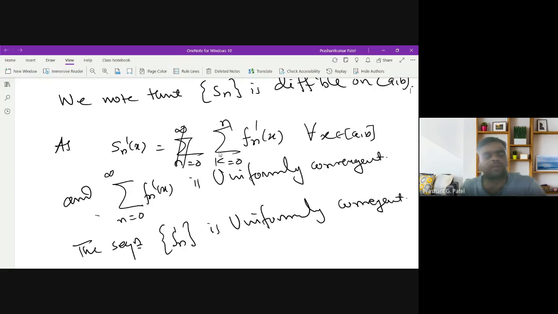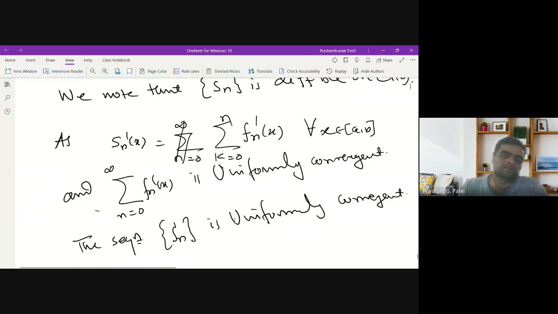So ultimately what we can say by the previous result is that the limit function is also uniformly convergent. That is, we can say that therefore limit of n tends to infinity Sn dash x is equal to f dash of x. But what is this?